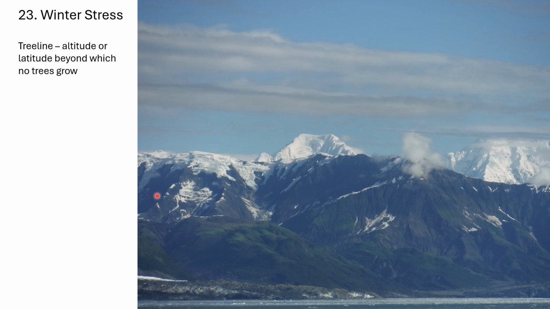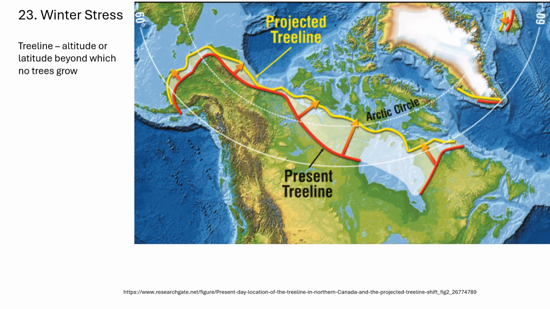Above that, temperature, and the soils that are present, often related to the temperature, are such that no trees are able to grow. And we see that here, we have a map.